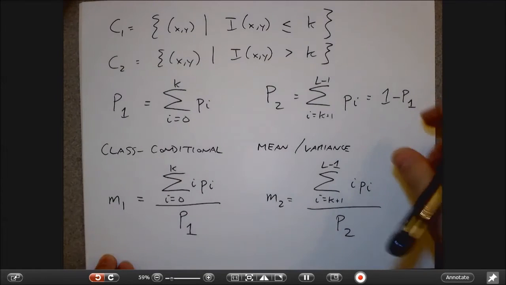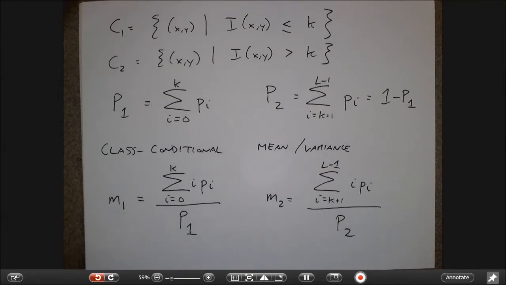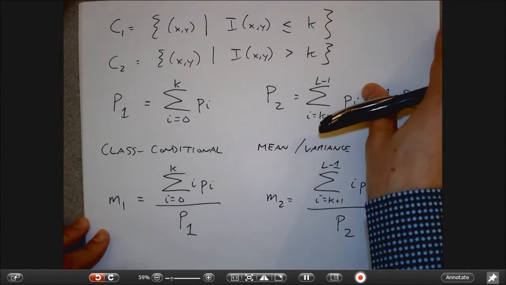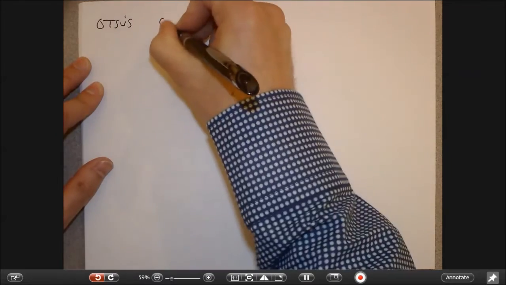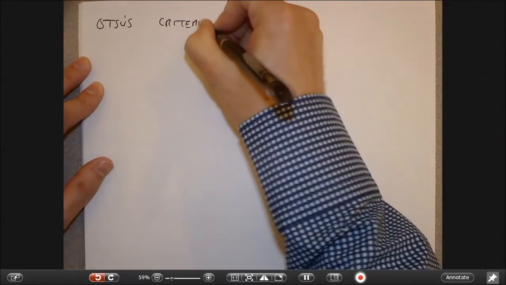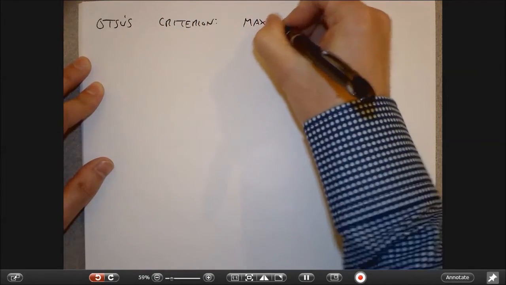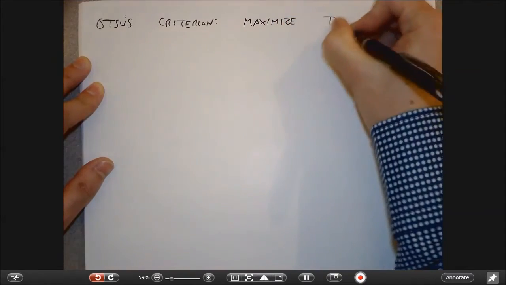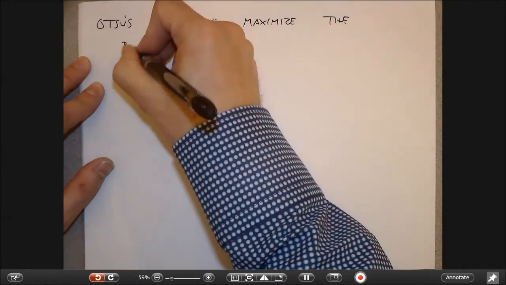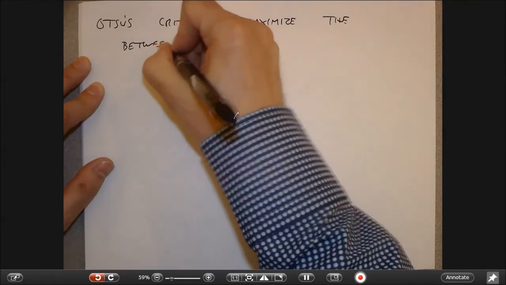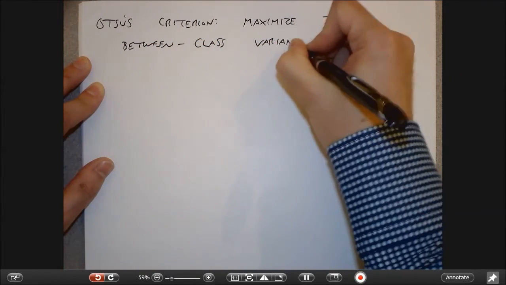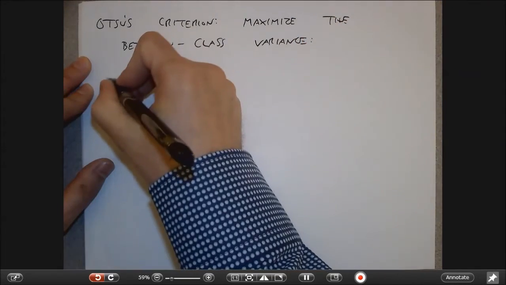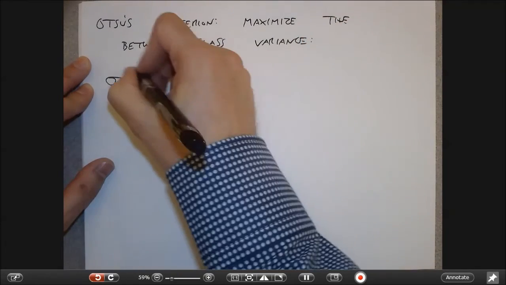So Otsu's criterion is to maximize the between class variance. That's defined as this thing, sigma b squared.